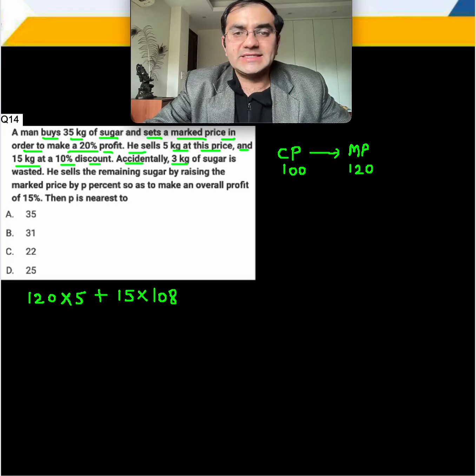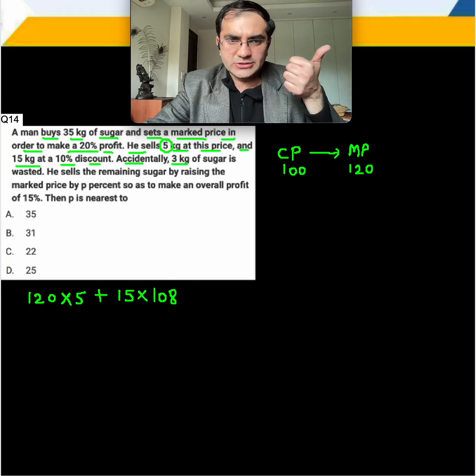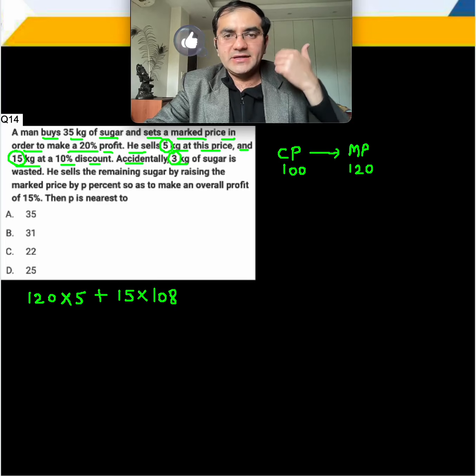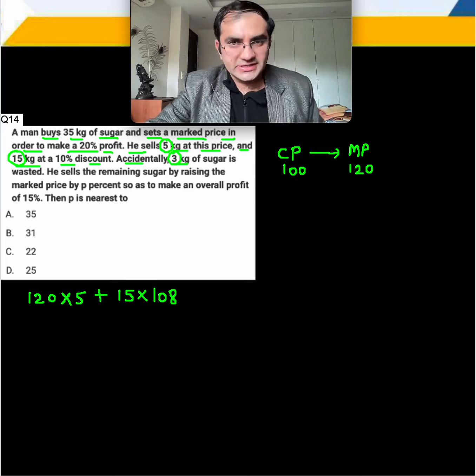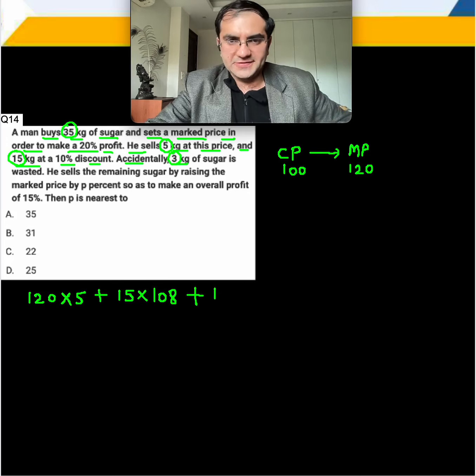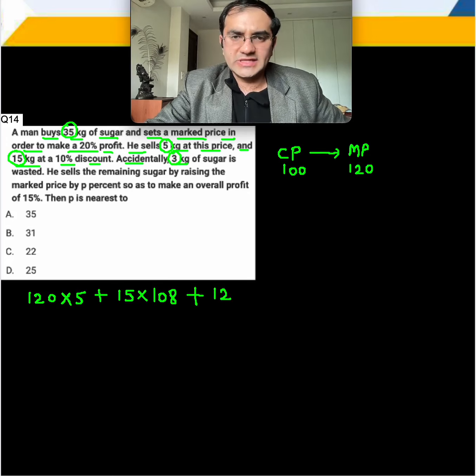Okay? Accidentally 3 kg of sugar is wasted. So 5 kg has been sold, then 15 kg has been sold, that's 20. Now 3 kg has been wasted, that is 23 kg out of a total of 35. That means 12 kg is left. Now he has to sell this 12 kg.